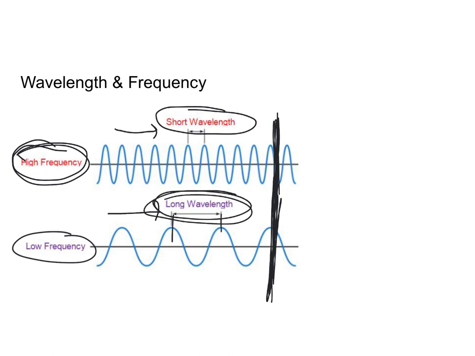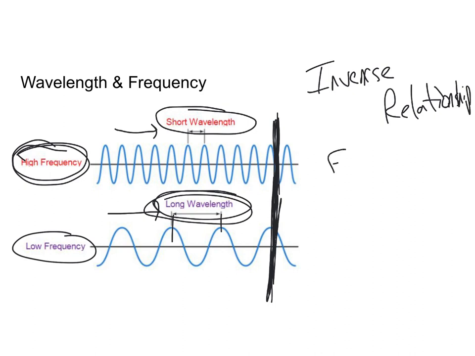And so wavelength and frequency are connected in something that we call an inverse relationship, meaning that as frequency goes up, wavelength, which we show like this, goes down, right?